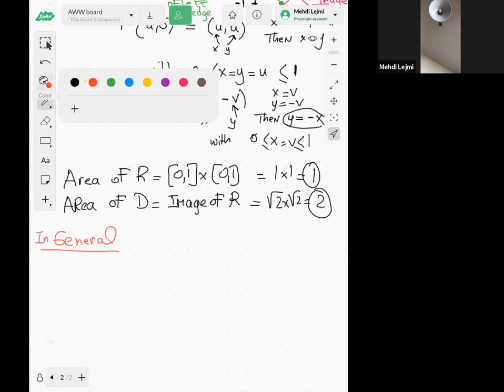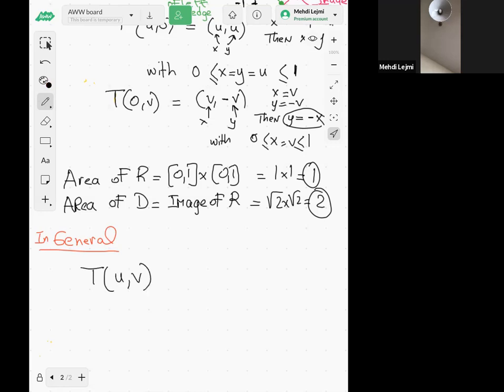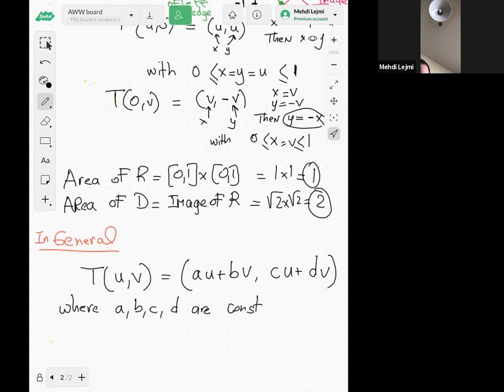If you have a transformation T of (u, v) equals a u plus b v, and then c u plus d v, where a, b, c, d are constants. Okay, this is really important, they are constants. You multiply u by a constant, and then you add some constant times v, right?